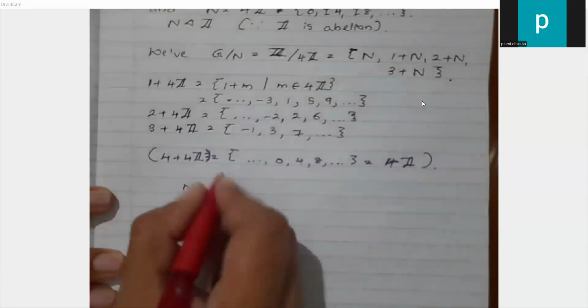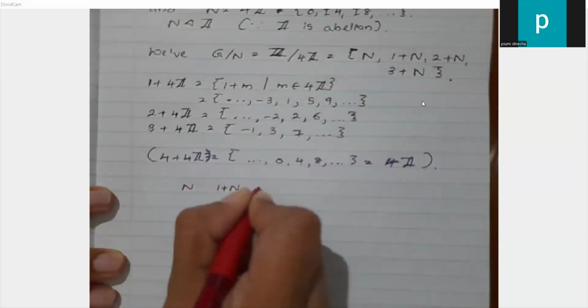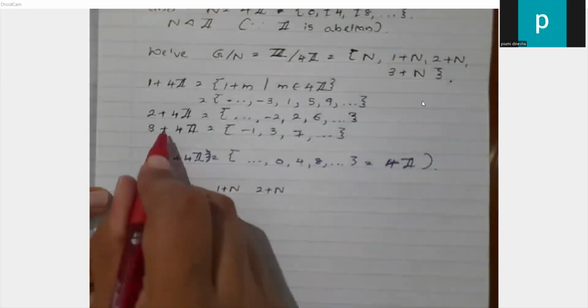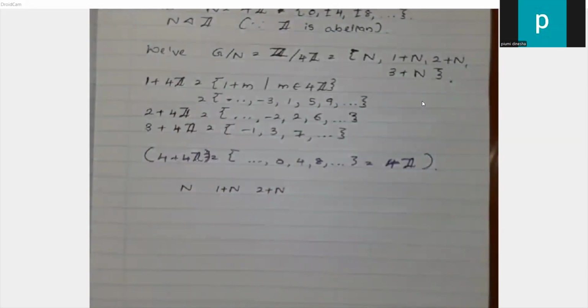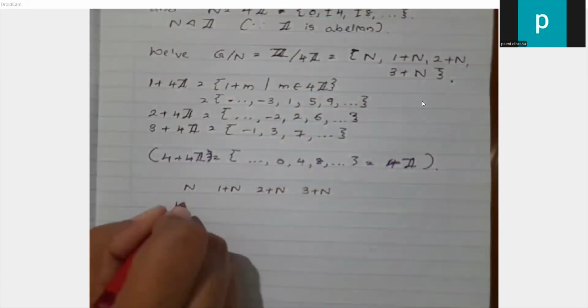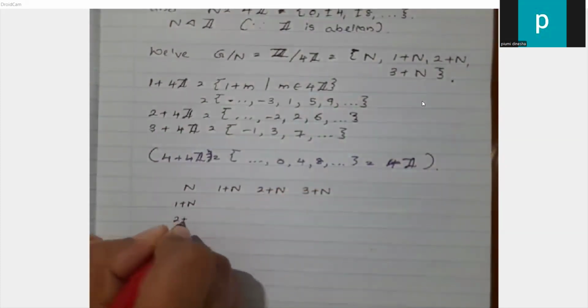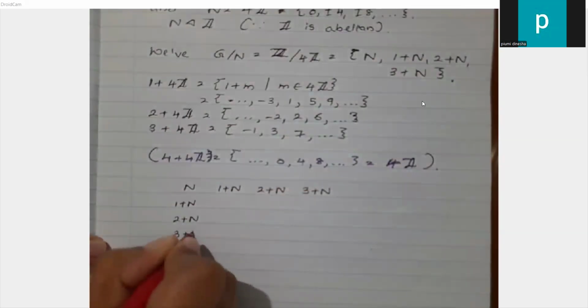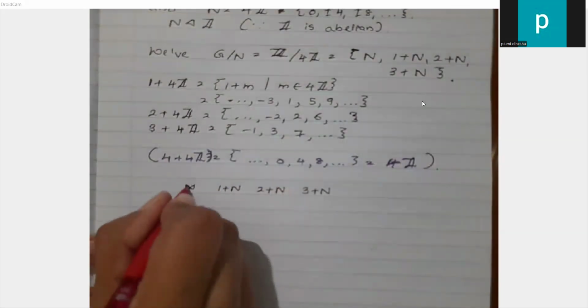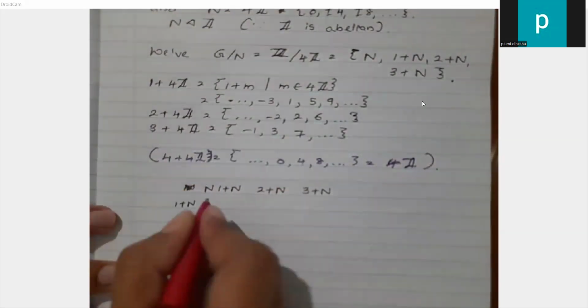We have n, 1 plus n, 2, or you can simply write 2n. I have written plus because we have done this example. We have found these cosets using this notation. This is star over here, and let's put n over here.